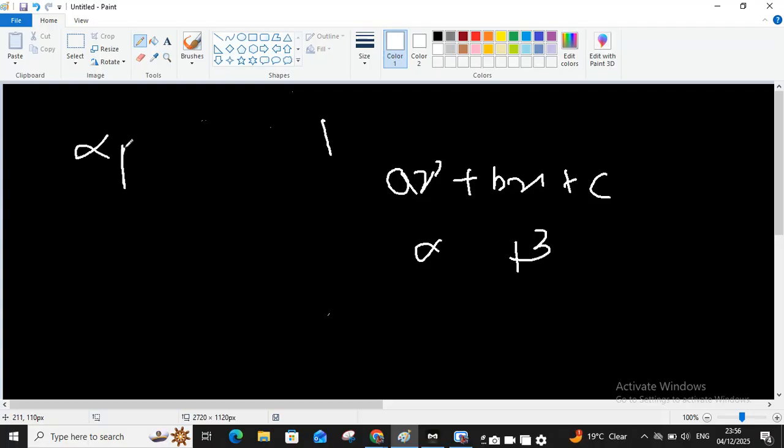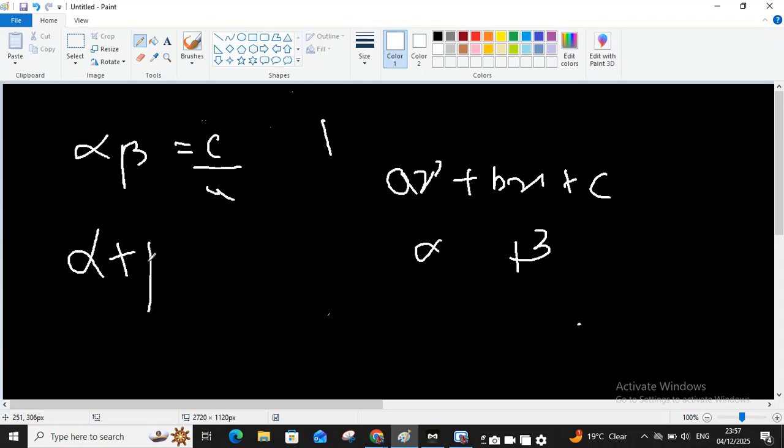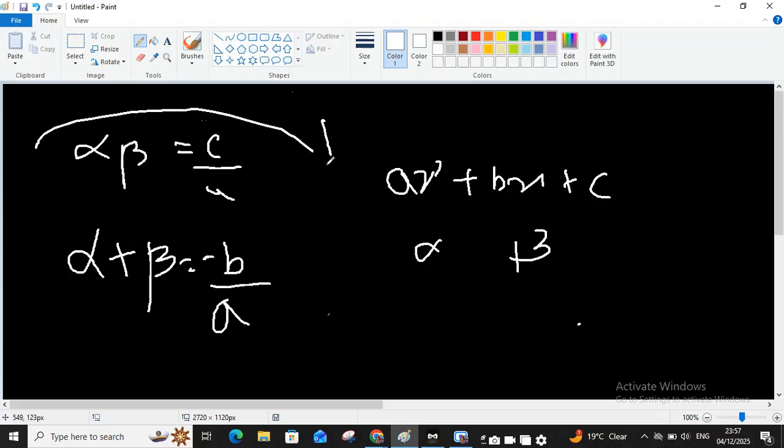Understand this: alpha times beta is equal to c by a, and alpha plus beta is equal to minus b by a. This is one thing you need to remember regarding quadratics.